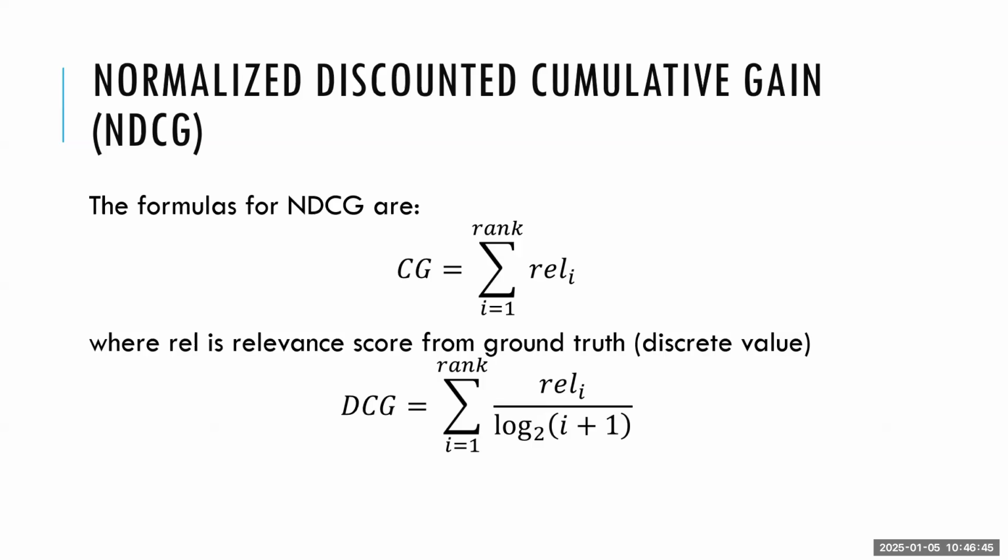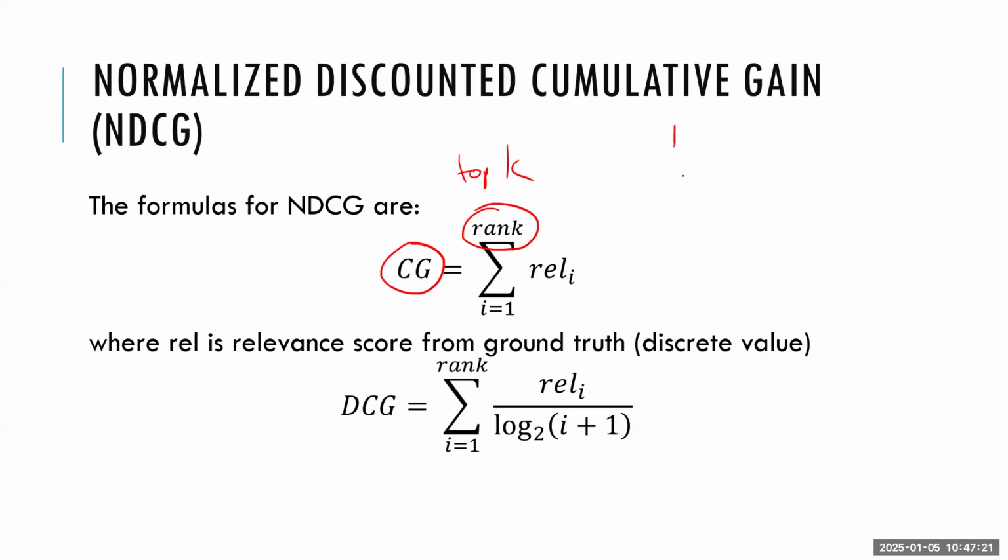So first we have CG, called cumulative gain. What this value does is you pick the number of ranks, maybe top K. And for your top K results, you add the relevance scores together.